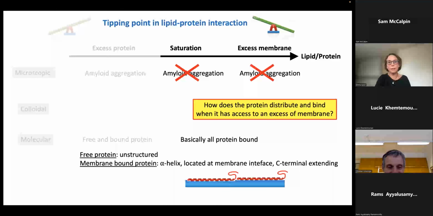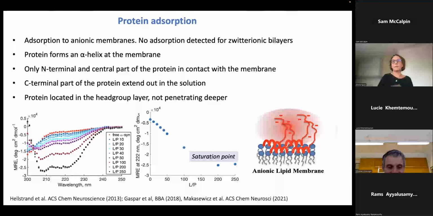It is known from previous studies, since many years, that the free protein is unstructured. When it binds to a membrane, it forms alpha helix, but with the C-terminal unstructured and pointing out. I think you've all seen data like this if you read the alpha-synuclein literature.